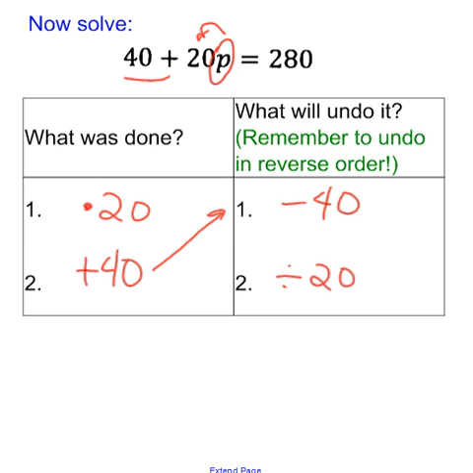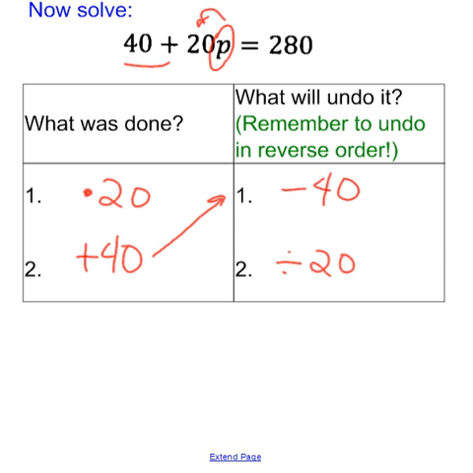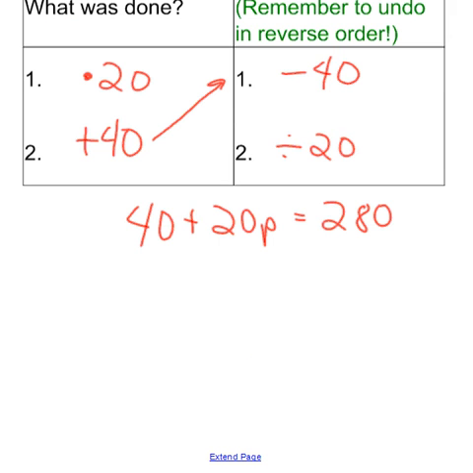So let's actually do that. Our original equation is 40 plus 20p equals 280. What our directions are telling us to do is first subtract 40. So I'm going to subtract 40 from both sides.